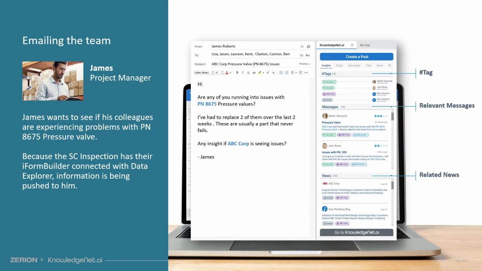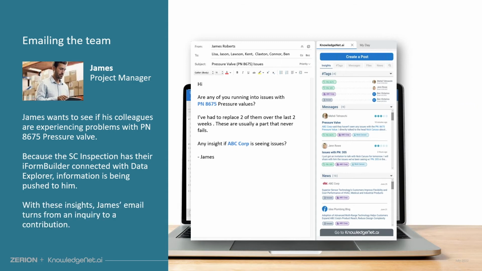And as you can see, it's tagging this information and also that's identified in the email, and it's also relaying intelligence: who were the last people that talked to ABC Corp, any related messages. For example, you see there that Medi's not seeing any issue with it, and Jen is having a meeting tomorrow with ABC Corp.